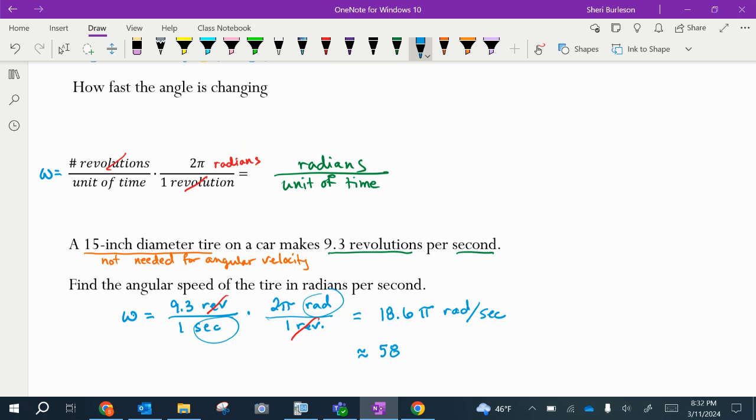I think I have a larger number of truncators, so I will say 58.433 radians per second. So it's rotating through a little over 58 radians every second.